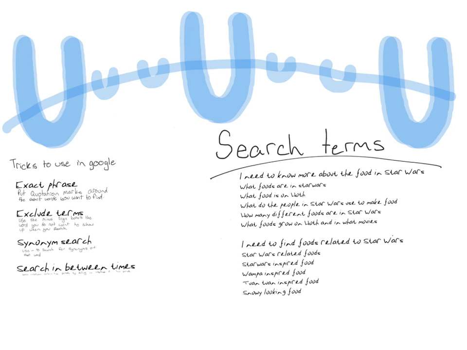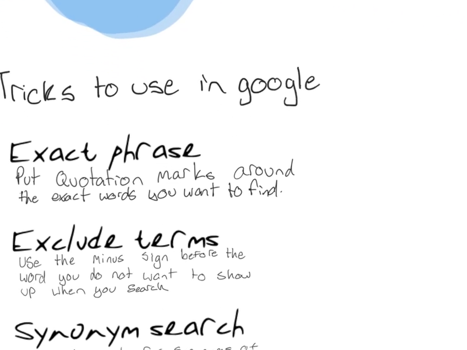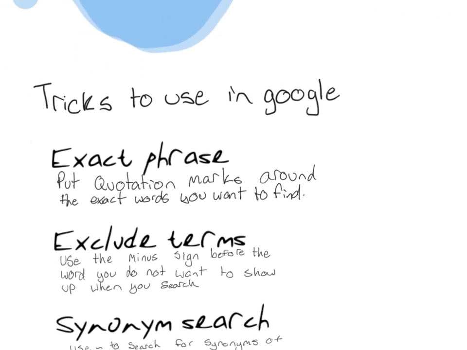Then over here on this page are some tricks to use in Google to help me find the answers to my question using these search terms. So there is the exact phrase, so I would put quotation marks around the phrase that I want to find.